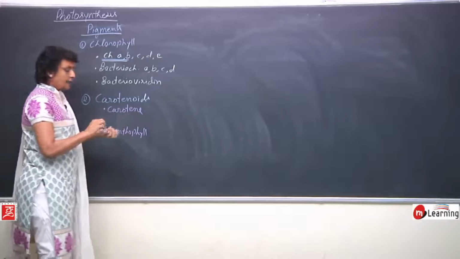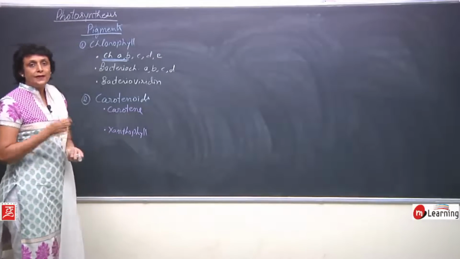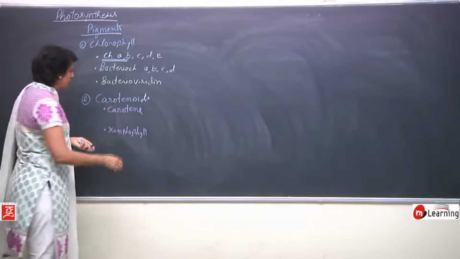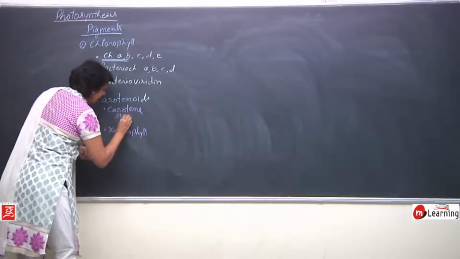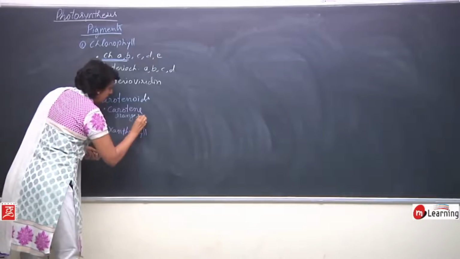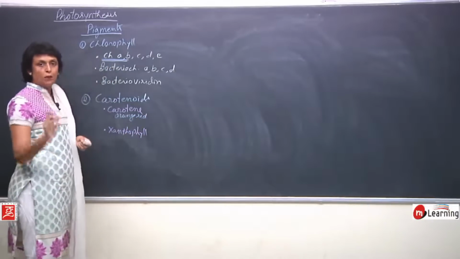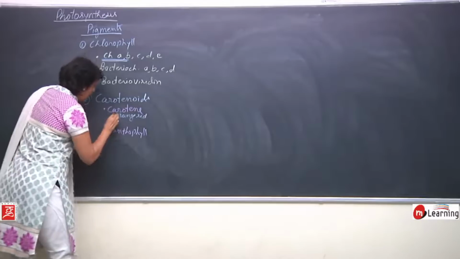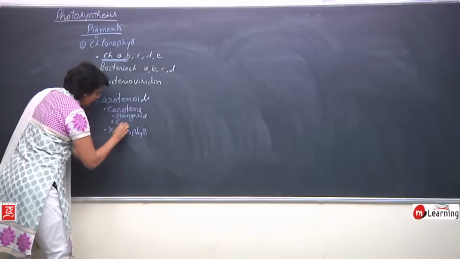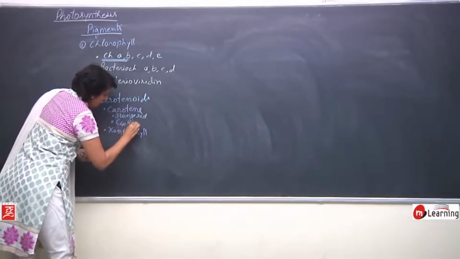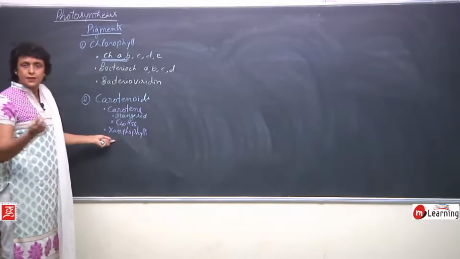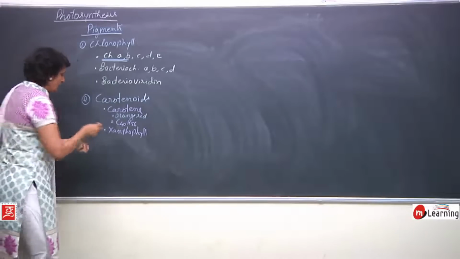Carotenes are orangish red, the carrot color basically, that is the color of this pigment. So it is orange red. It's a combination of 2 colors. Its formula is C40H56.